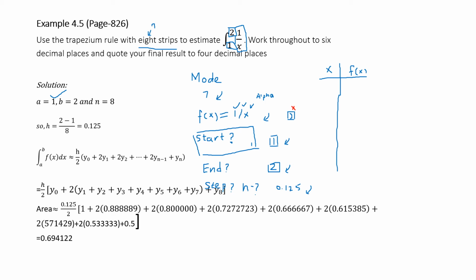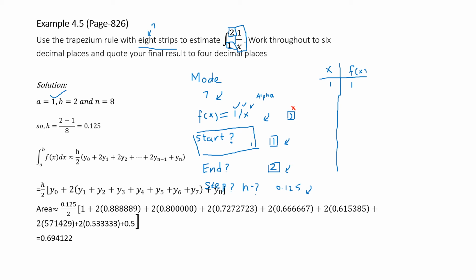So here, for x equal 1, y will be equal to 1.